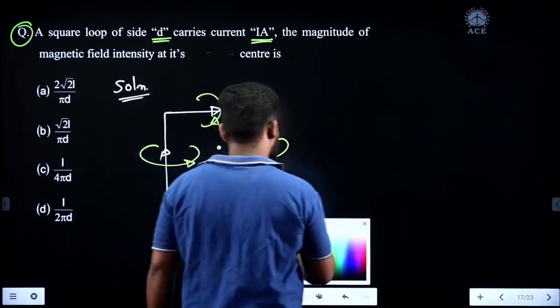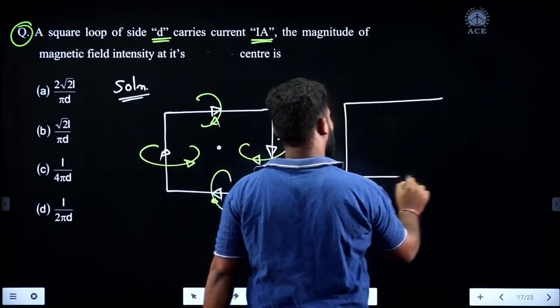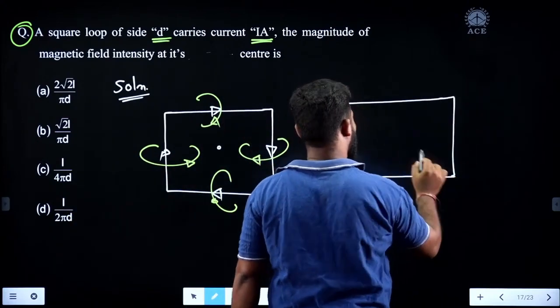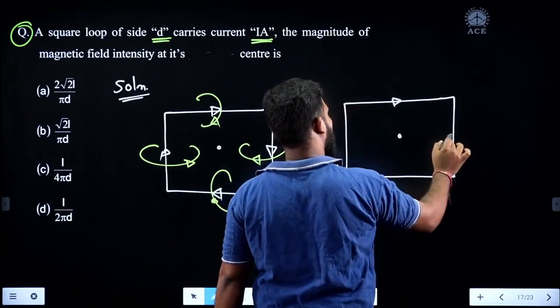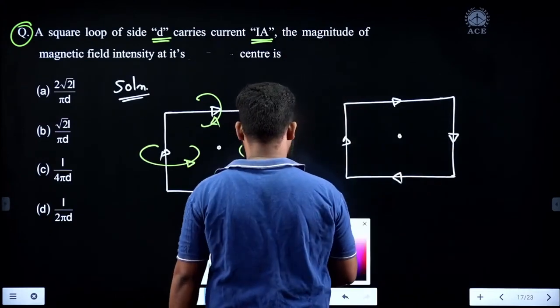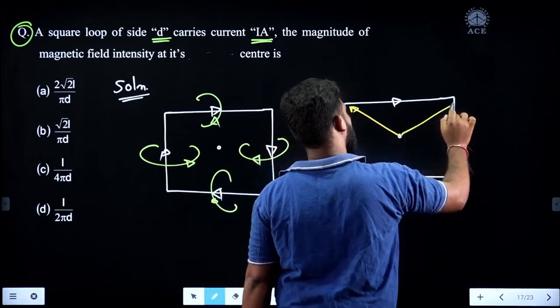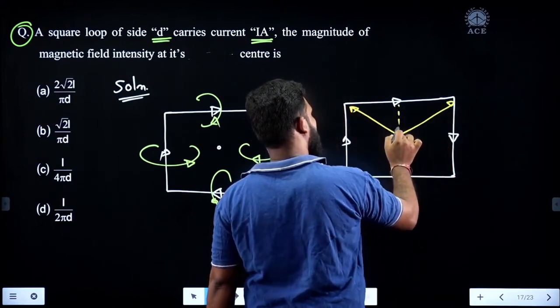Fine. So here I'll rewrite this diagram. What is this angle?